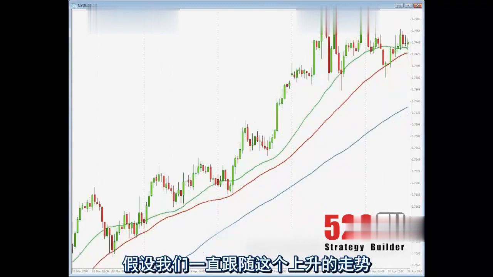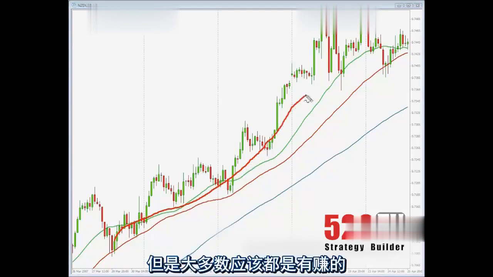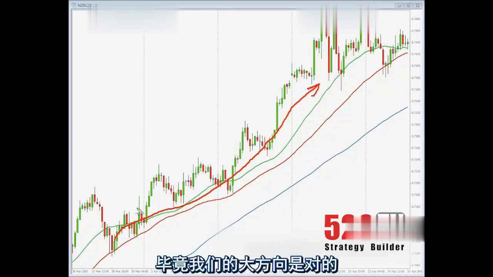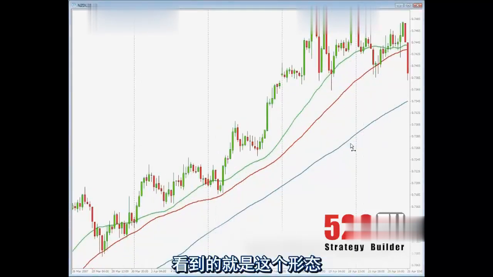Let's assume we keep on riding this uptrend, searching for longs. Some trades will be losses, most of them will be winners, since we are trading in the direction of the main trend. But now let's assume we open our chart today and we see this.